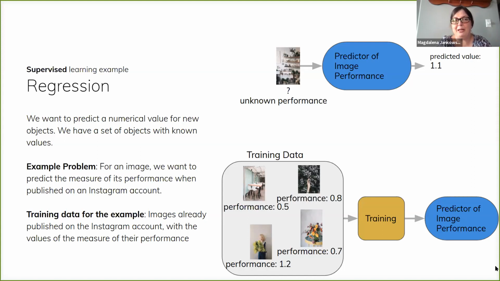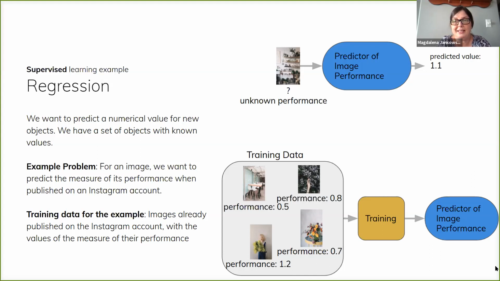The example problem that Jacek will later be talking about is a problem that we face at Dash Hudson. For a given image, we want to output a predicted value of how well it will perform when published on Instagram, with some measure of performance. So there is some numerical value that we want to output.